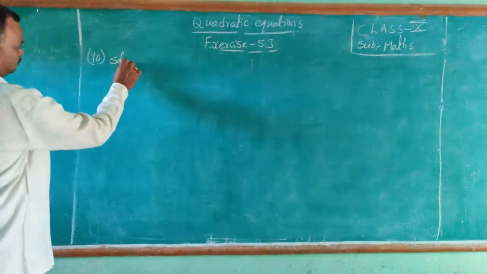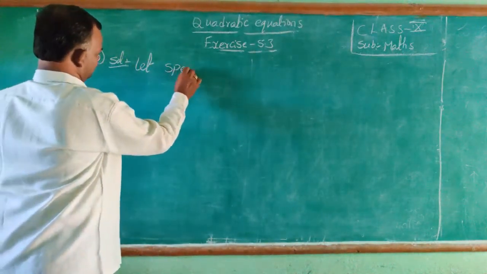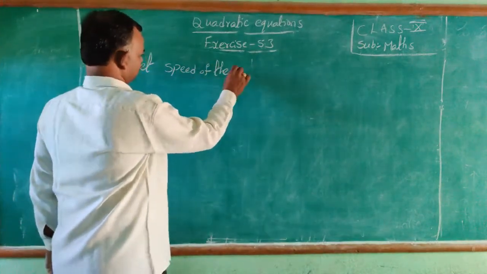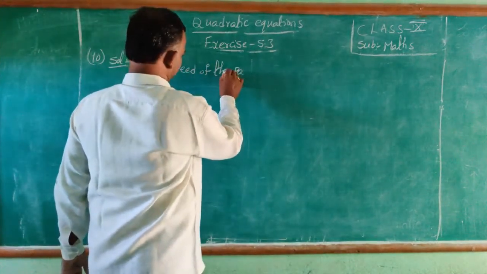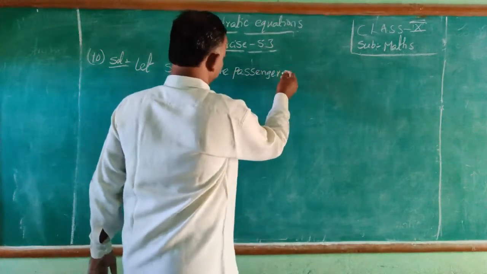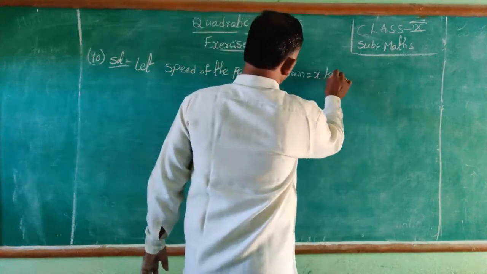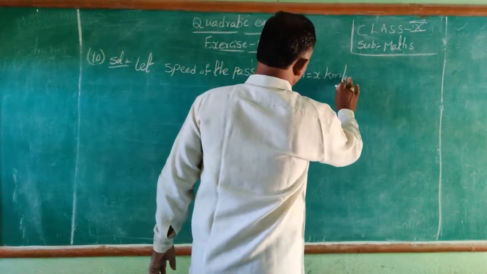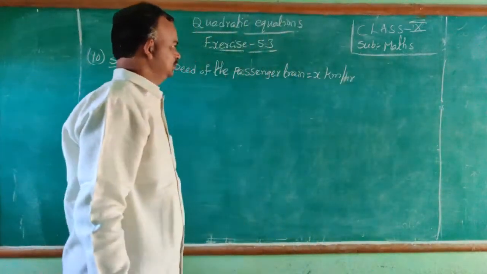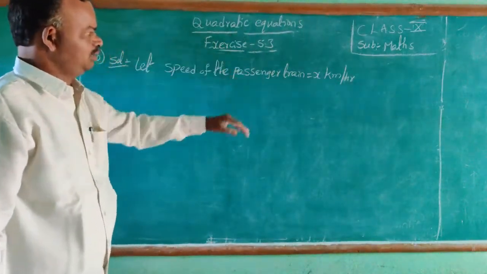Let the speed of the passenger train is equal to x kilometer per hour.